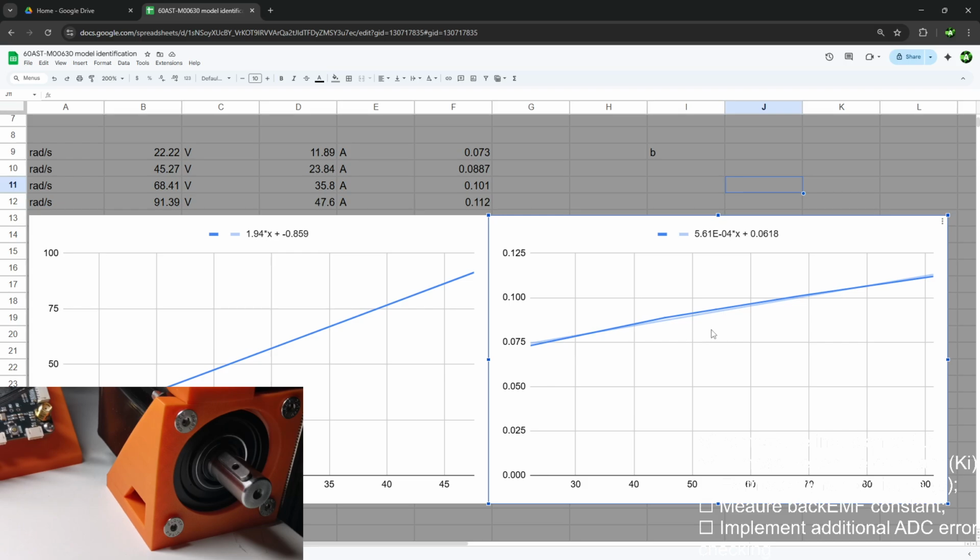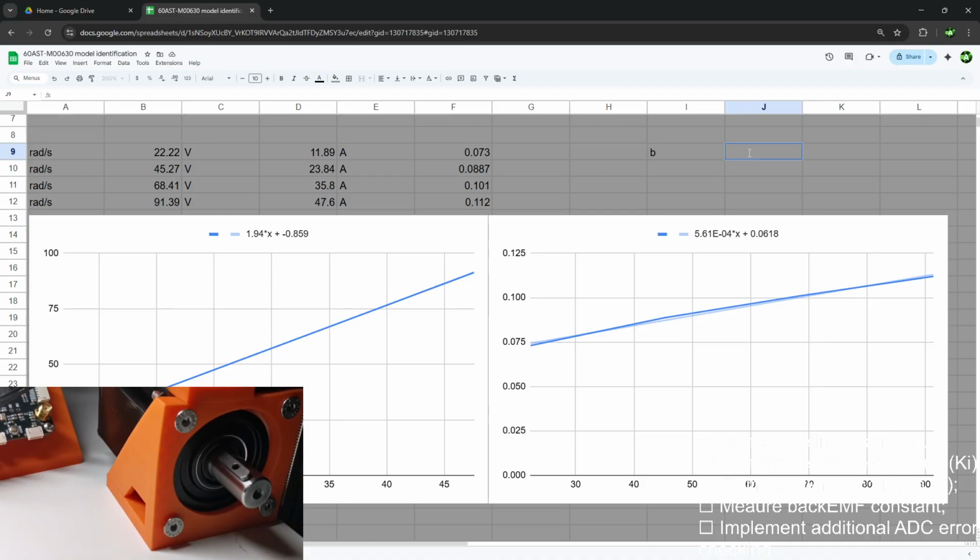And this is a line that represents current over speed. And our current is directly proportional to our torque in the motor. So the higher the current, the higher the torque. And given this we have a higher speed, the angle of this line is exactly our coefficient. So we just measured it directly, which is so nice.